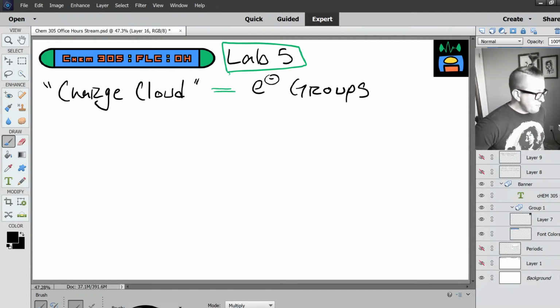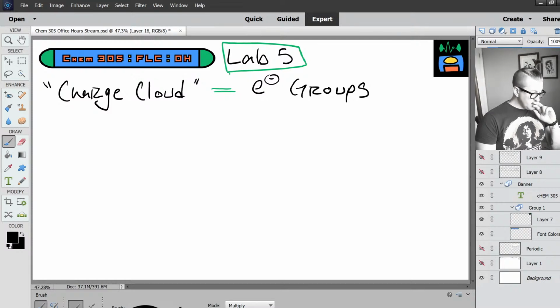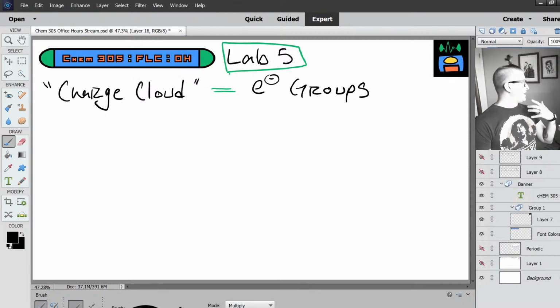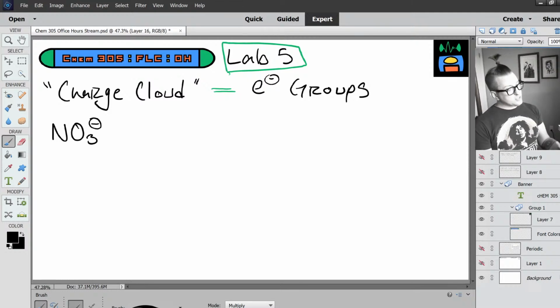They are the same thing. So when you talk about how many charge clouds are in the molecule NO3, we're talking about how many electron groups are around your central atom.